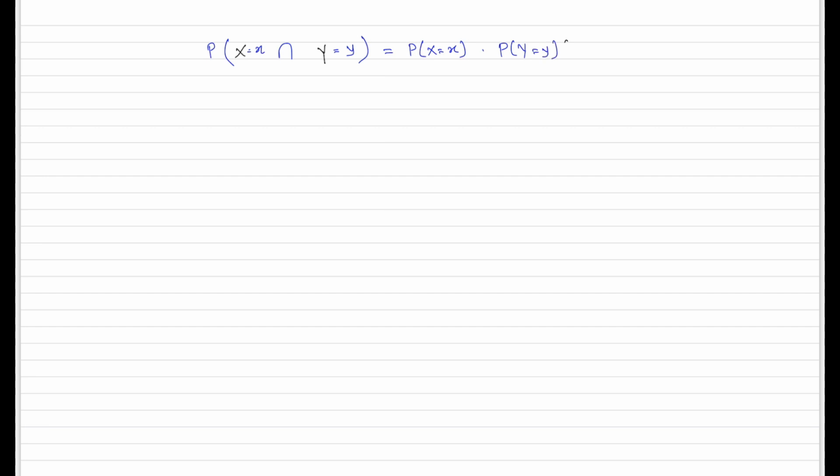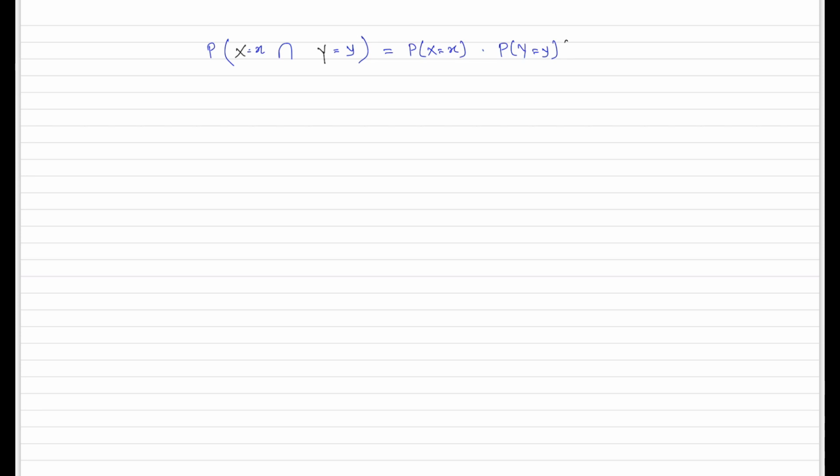So if we have two random variables for an experiment, and if these two random variables are independent, then by the mathematical definition of independence, the happening of these two events will be equal to the product of their individual probabilities.